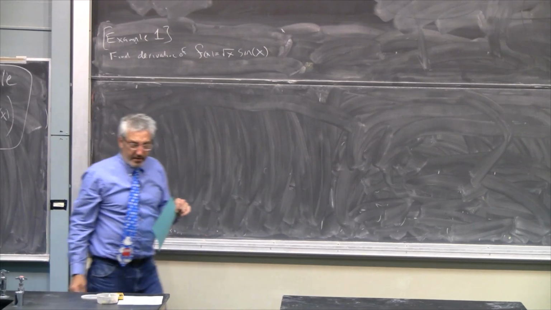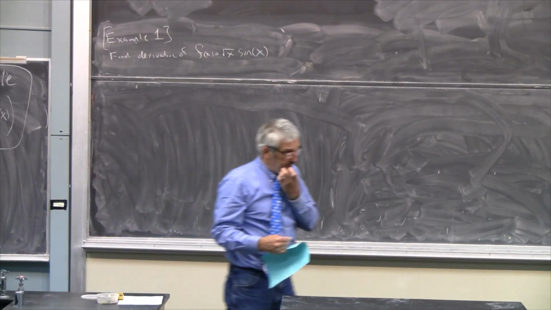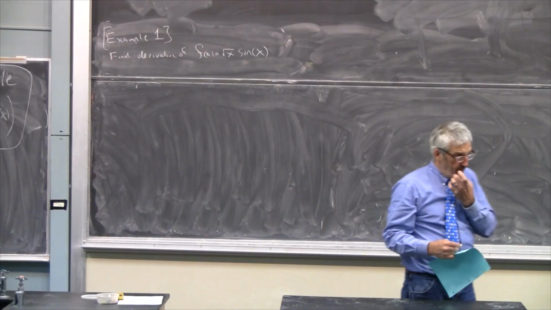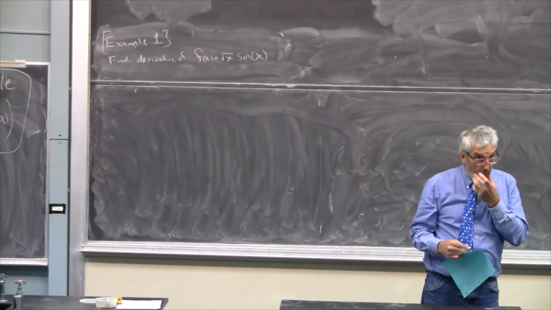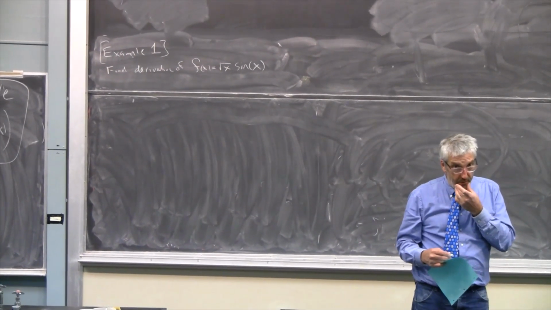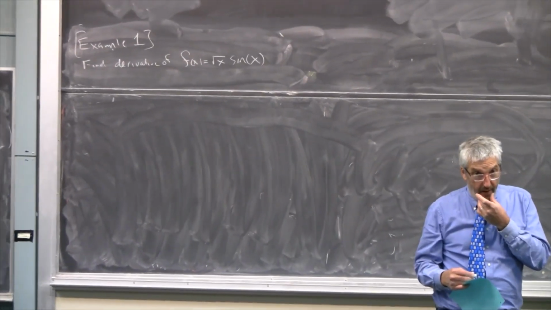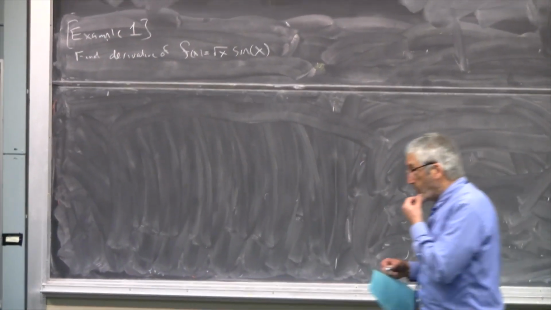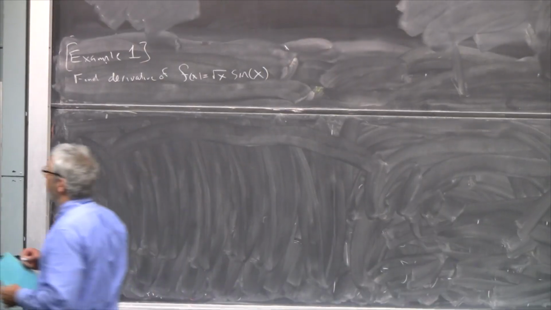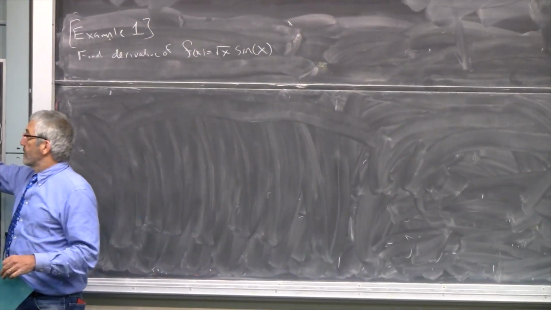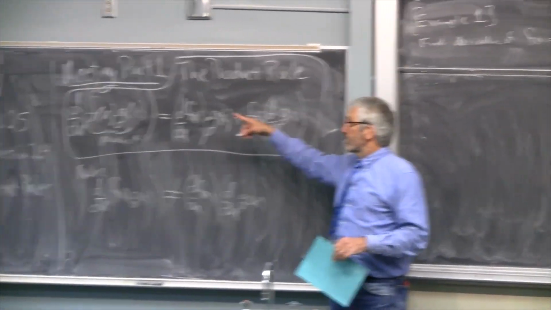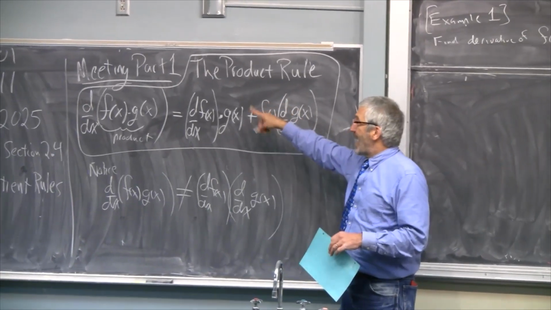So notice that's a product of functions, but also notice that the symbol f of x is being used for the whole function. F of x is not being used for the function on the left. F of x is the whole thing. So when you use these rules, you have to be careful. You have to notice that sometimes the things that you're going to be applying these rules to are not going to have these names.